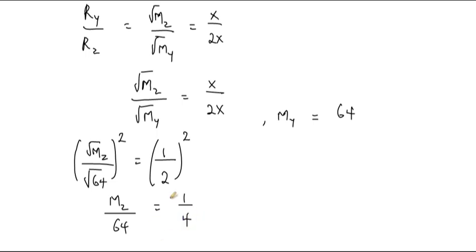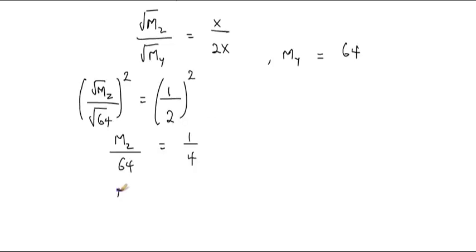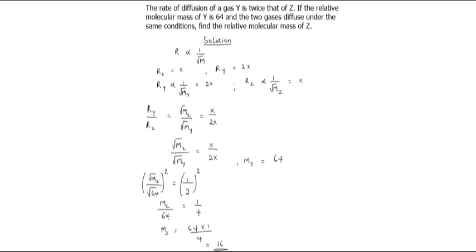And from here, when we cross multiply, Mz equals 64 multiplied by 1 divided by 4, which is equal to 16. And this serves as the final answer. We've just come to the end of the solution to the question, and we've gotten the answer to be 16. That is, the relative molecular mass of Z is 16.